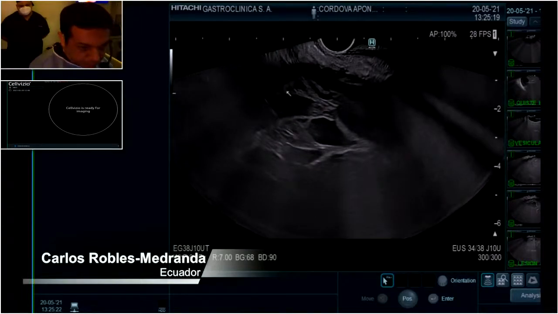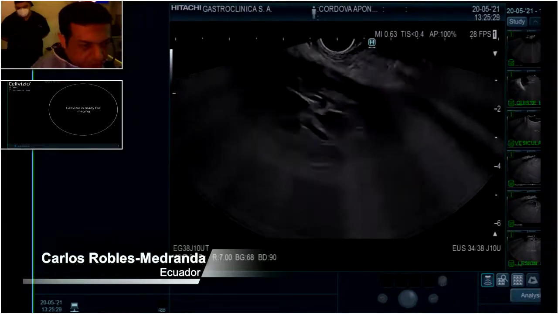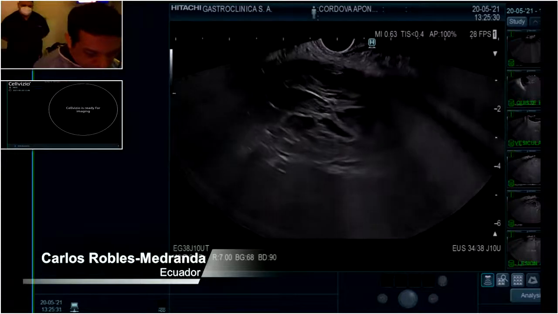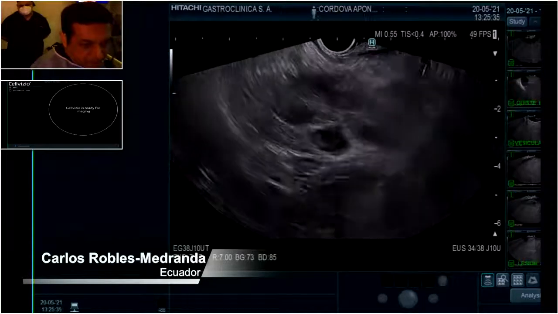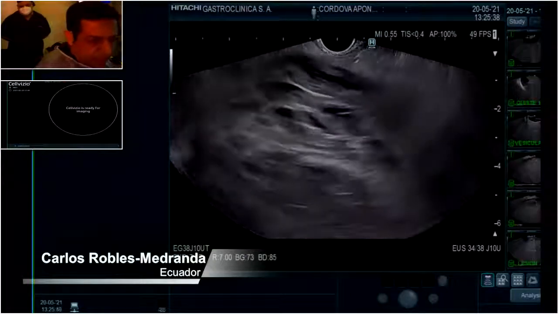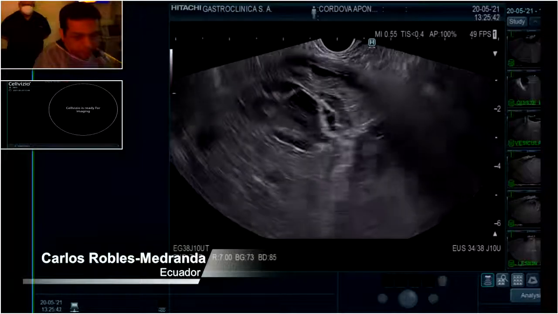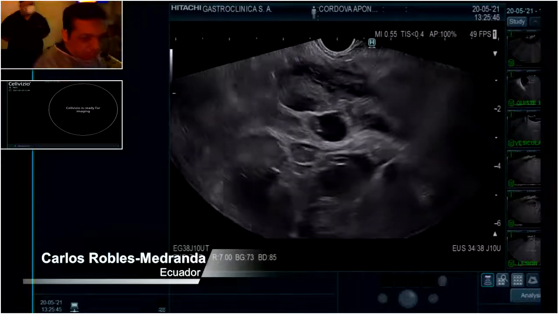You see here? And one of the big challenges of these lesions in the B mode nowadays is that these lesions, when they are macrocystic, are very difficult to have a final diagnosis just by the B mode.